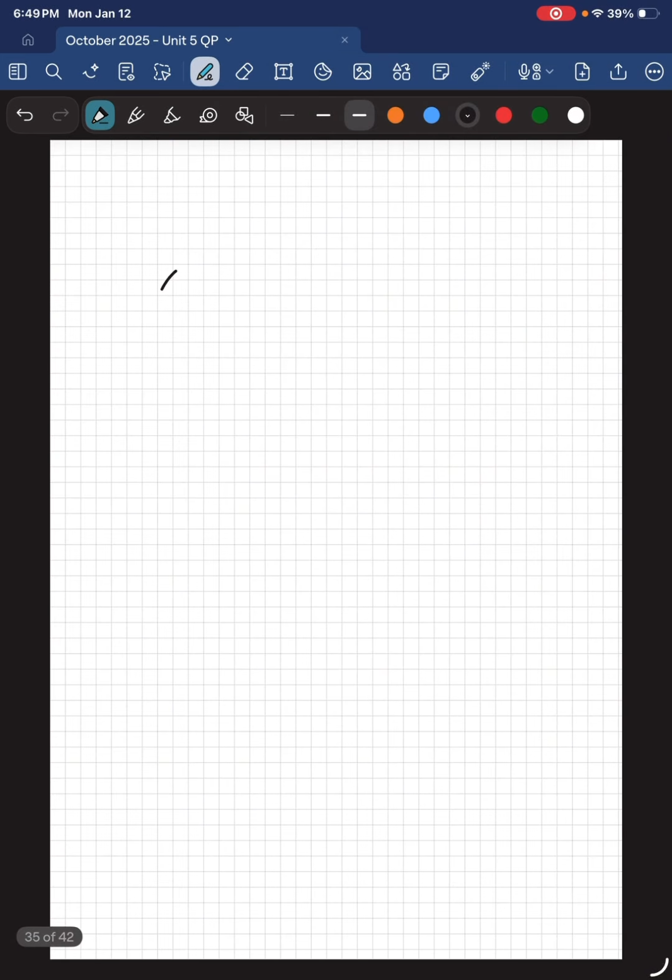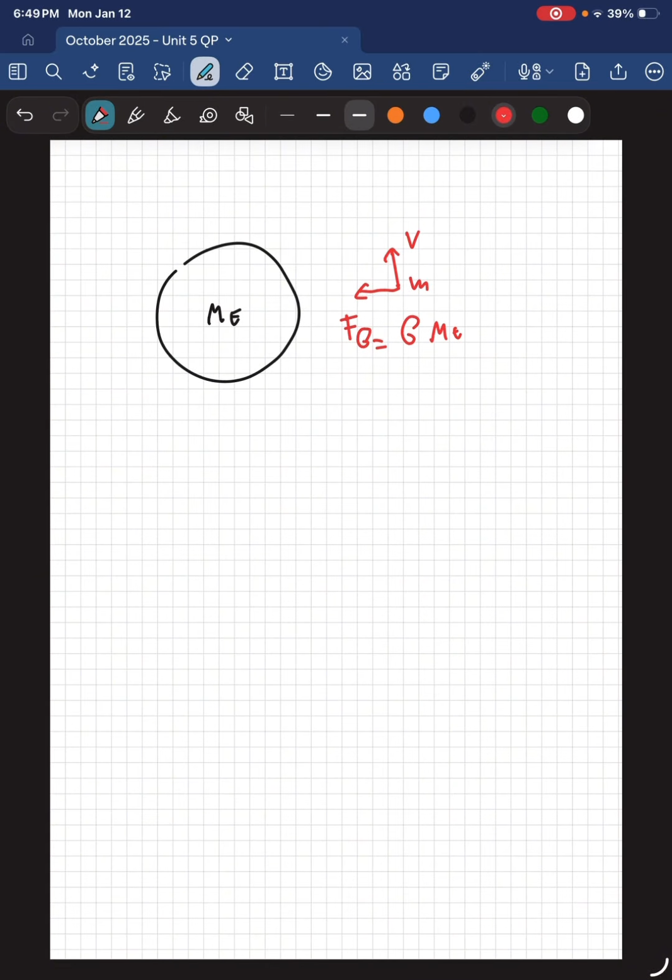What I'm trying to say is that if this is the Earth and this is the satellite, then the satellite moves this way, and there is a gravitational attraction given by G times the mass of the Earth times the mass of the satellite over r squared, where r is the distance from the center of the Earth to the satellite. So the center of the Earth, not the surface of the Earth, the center.